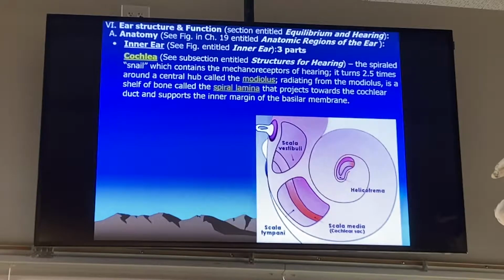So all 3 regions of the inner ear have collections of hair cells. You gotta know where they're located. And the cilia, which is where they get their name, hair cells, are embedded in jelly.